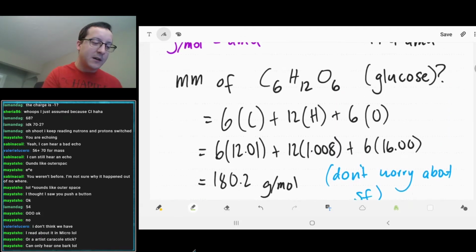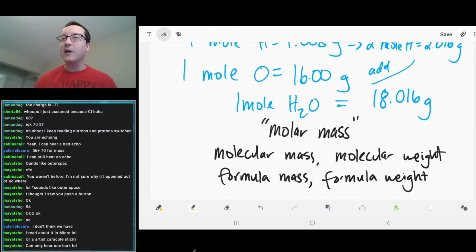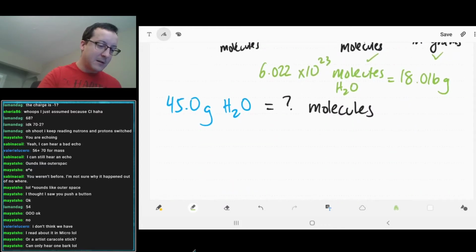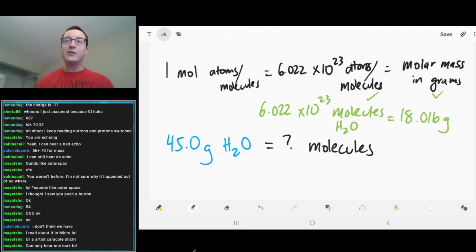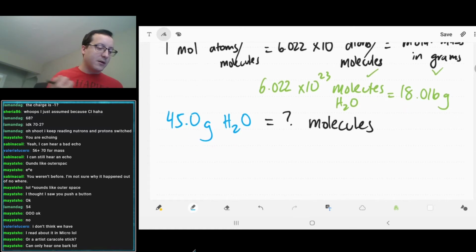Remember, we calculated this one up here somewhere. There it is. We saw that 1 mole of water was 18.016 grams. So we can use this as a conversion factor. So if we really wanted to see how many molecules of water are in our shot glass, we could do that.